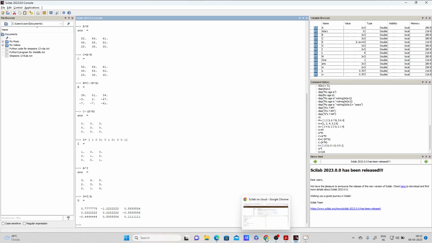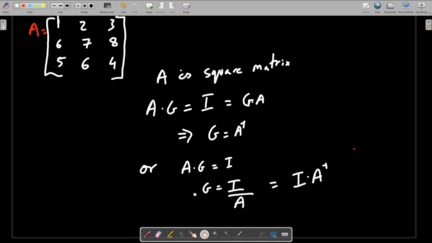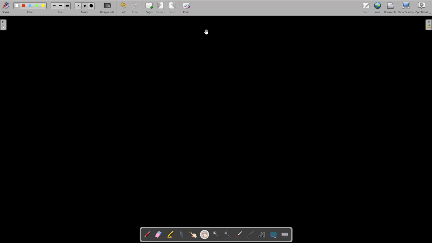So this is one technique of finding A inverse. Now one of the applications of this will obviously be this. If you have a system of equations to solve, let us assume that we have the following.